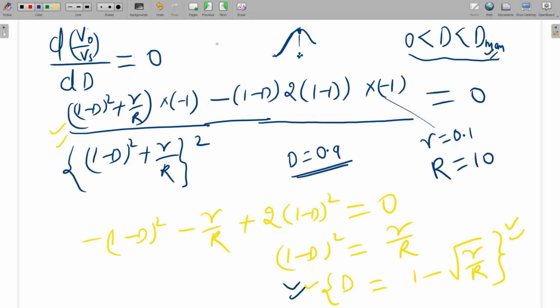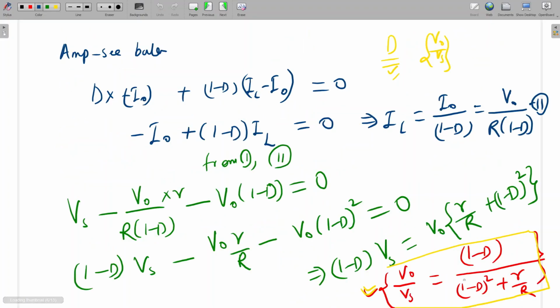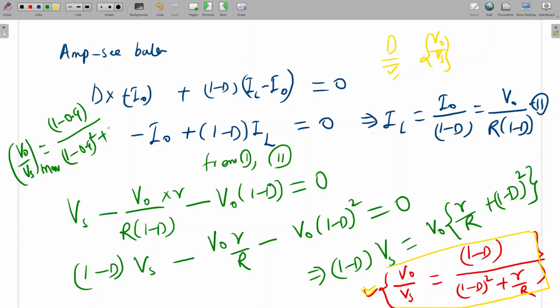Okay, so what will be the maximum gain? Can anyone calculate the maximum gain value? We will calculate that by this equation. Maximum gain will come at D equal to 0.9. So V0 by Vs max will be 1 minus 0.9 divided by (1 minus 0.9) whole square plus 0.1 divided by 10.